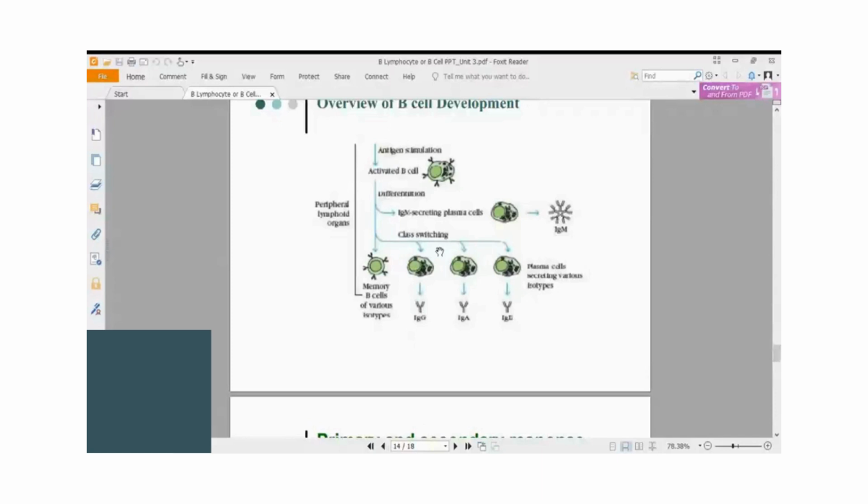That variable region has domains of amino acids, and we have seen those amino acids will establish the bond with the antigen either by positive negative interactions, ionic interactions, hydrogen bonds, or weak van der Waals forces. Now, if it has to show high specific affinity, that specificity will be there in the variable region. That could be achieved only by the mutation of the variable region. And that mutation is taking place in the somatic cell, and the somatic cell is the B lymphocyte.